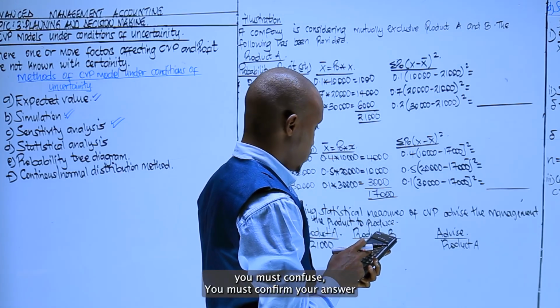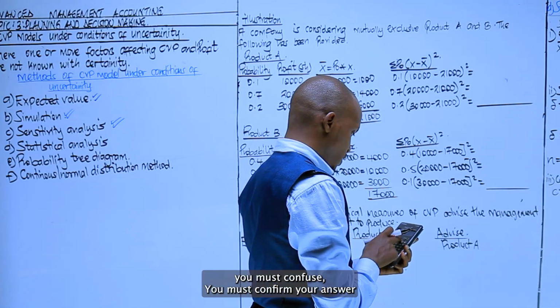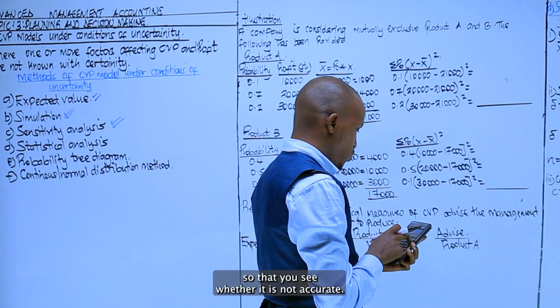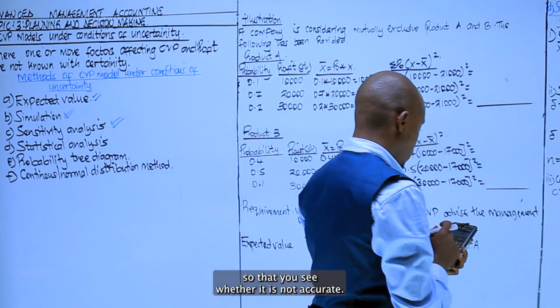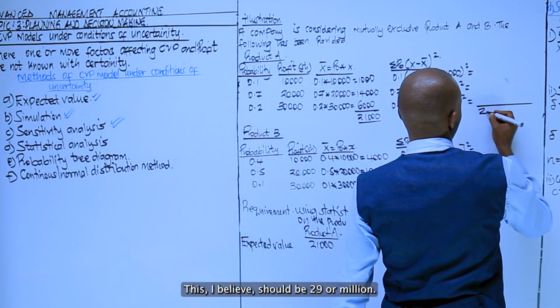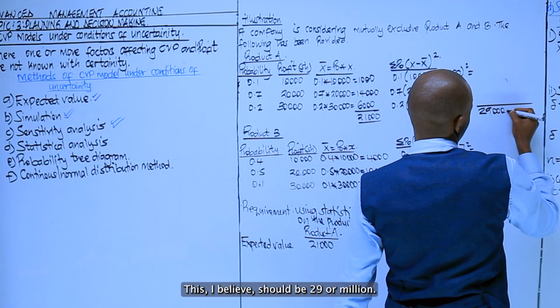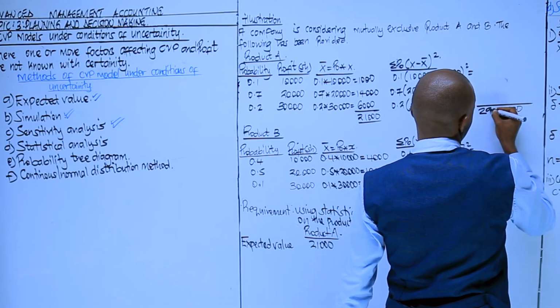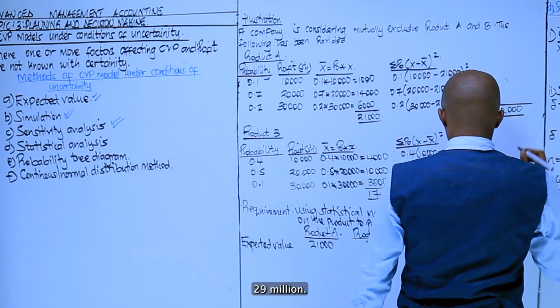But remember, you must confirm your answer so that you see whether it is accurate. This, I believe, should be 29 million.